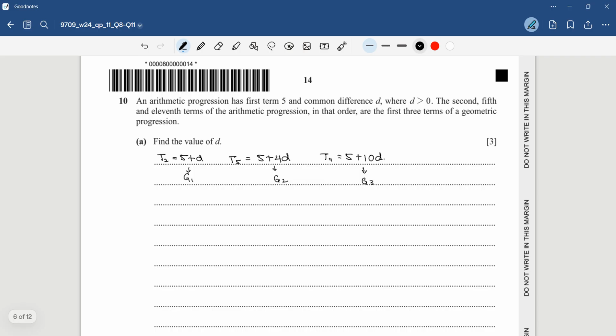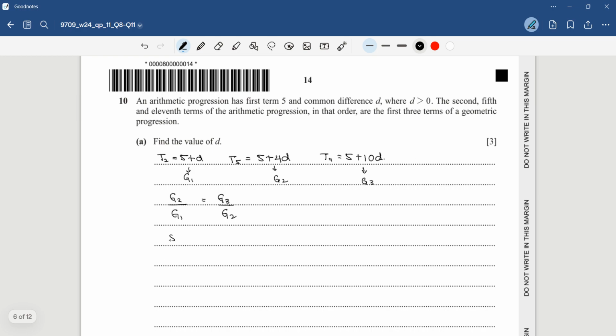Since these are a geometric progression, I know G2 over G1 is equal to G3 over G2, because my common ratio must be the same.